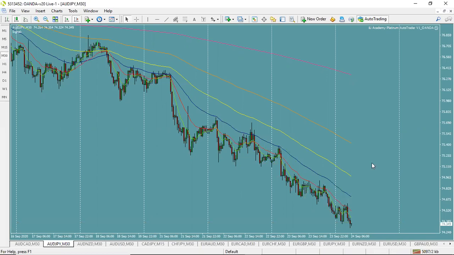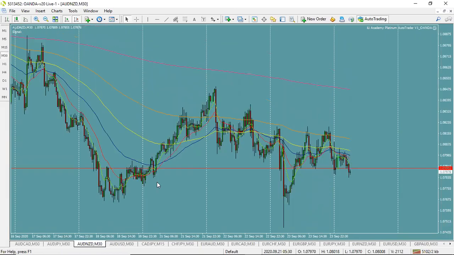And so you can go back and look and say, I got in here because it crossed the 50 and I felt like it was good, it's open trend still. But it did cross the 50, so it's still headed down. And that's the reason why I got in on the 50. So for the Aussie yen, definitely trade to the downside because it is headed down.